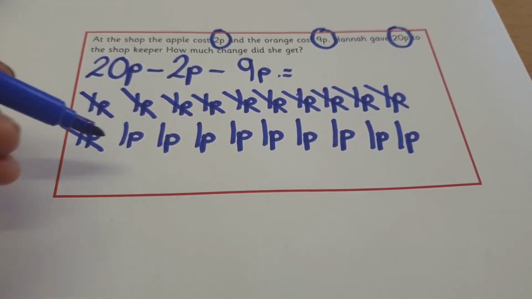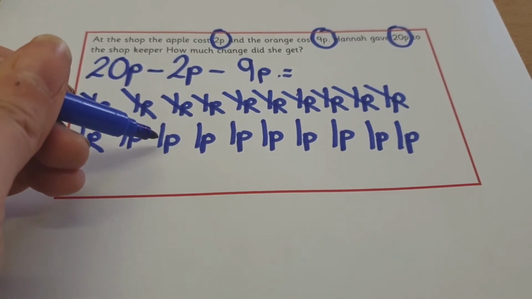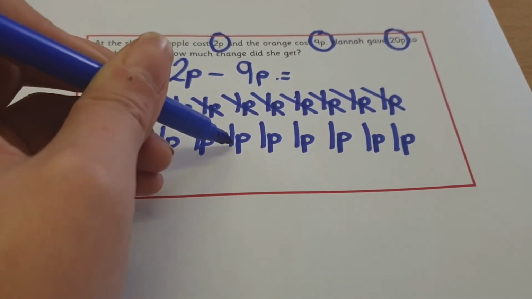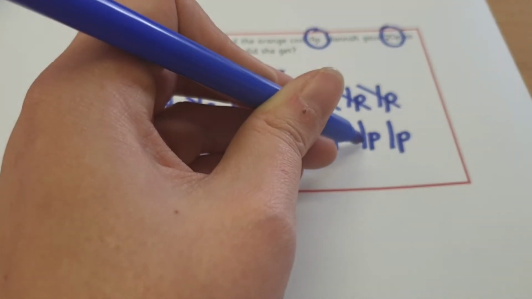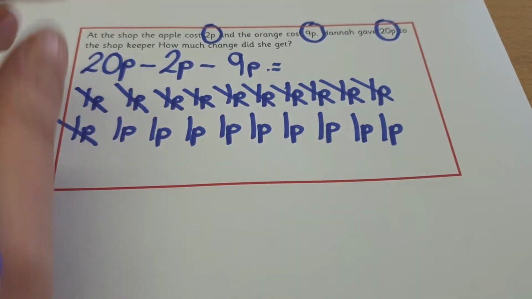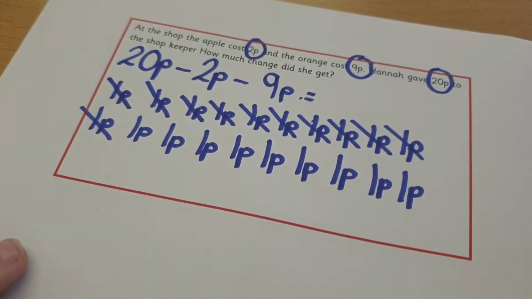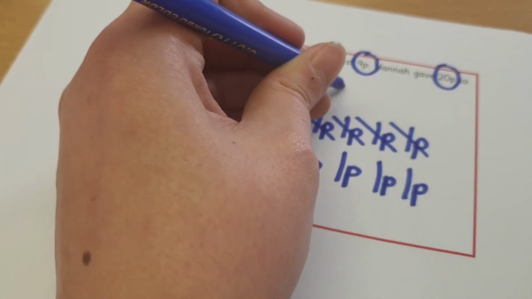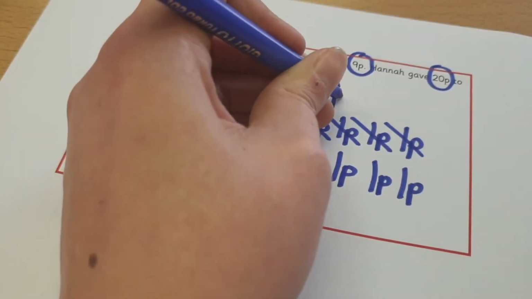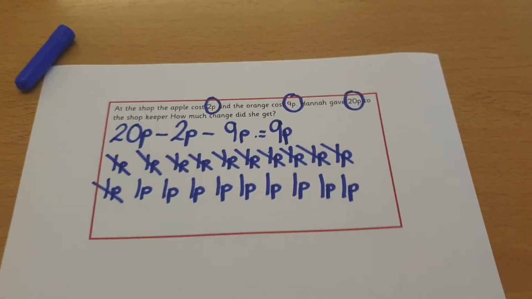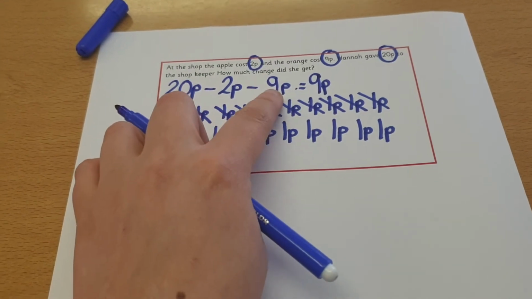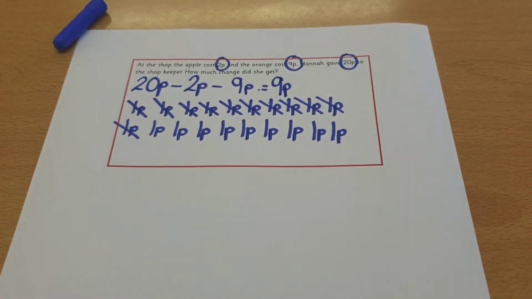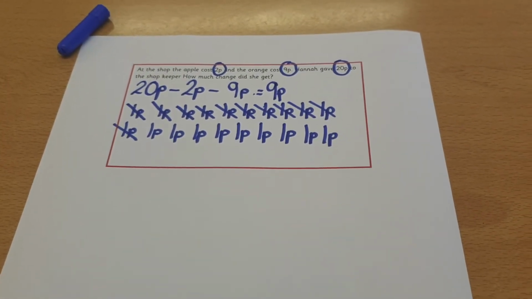Can you help me? 1p, 2p, 3p, 4p, 5p, 6p, 7p, 8p, 9p. I have got 9p change. So I'm going to write my 9 and my pence sign next to it because 20p take away 2p take away 9p equals 9p change. Should we do one more?